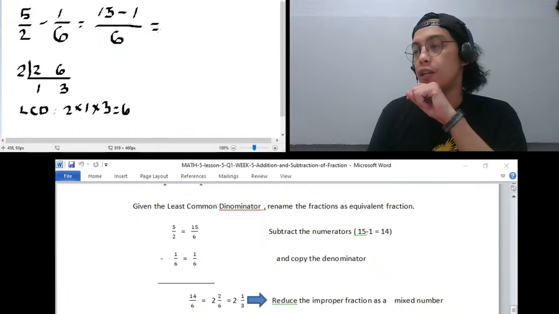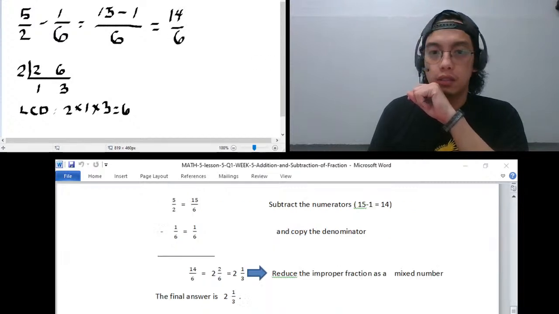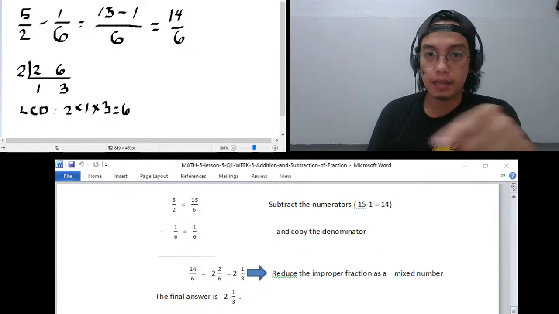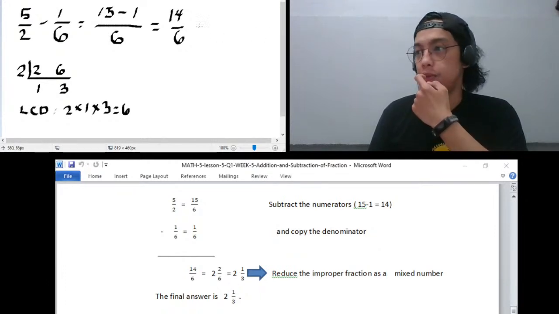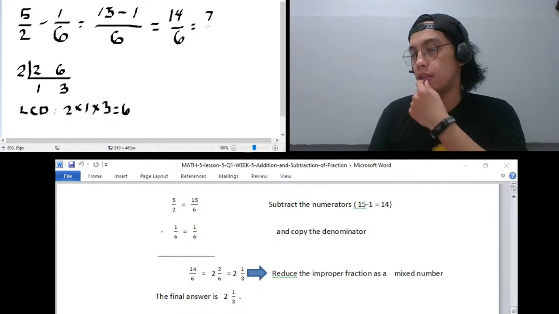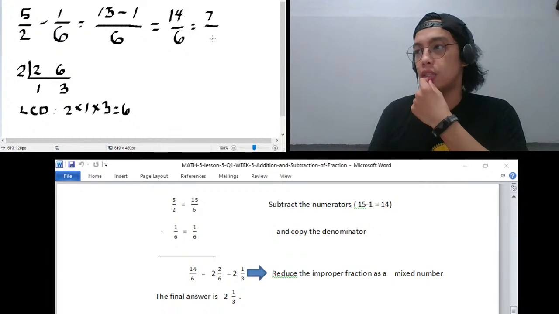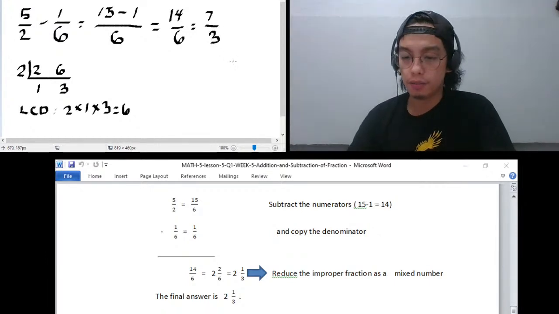So 15 minus 1 is 14 over 6. Which is the same, right? And then, pwede na pati nato siya ma-simplify. 14 divided by 2 is 7. 6 divided by 2 is 3. Okay? Verify lang ta ha.